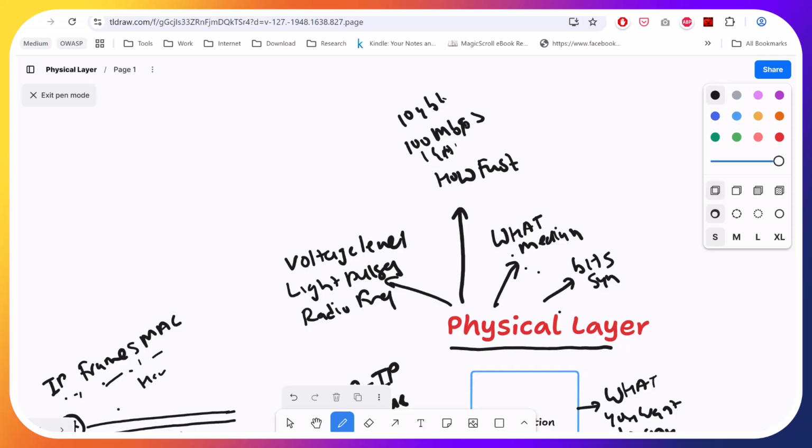And the fifth is how far a signal can travel, because there will be noise in the wires. There is attenuation, so with time or distance, the voltage will drop, the frequency will drop. So noise handling, all these things the physical layer handles. These are the five responsibilities of the physical layer.